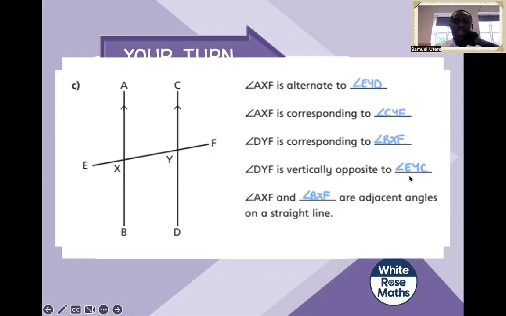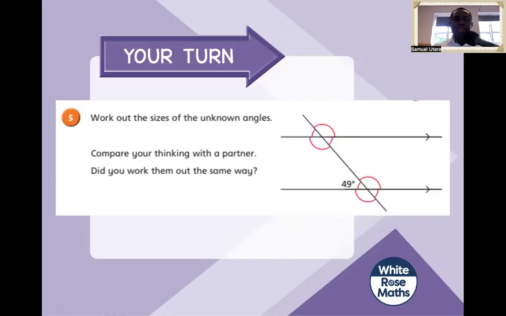DYF is vertically opposite to EYC. You can see it's vertically opposite to this one. All right, so mark your work and celebrate your success. Let's move on. Pause the video and answer question 5 in 1 minute.